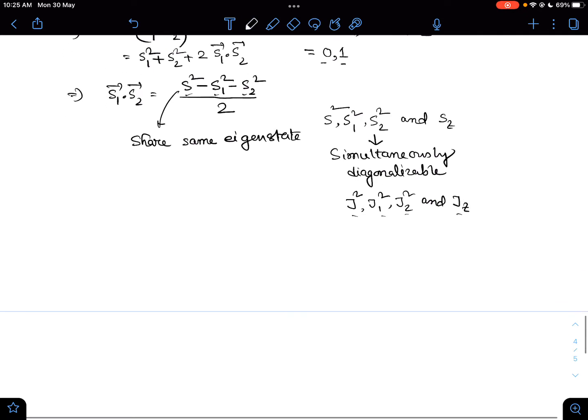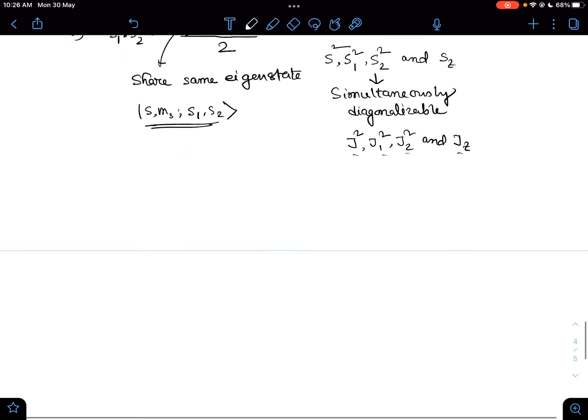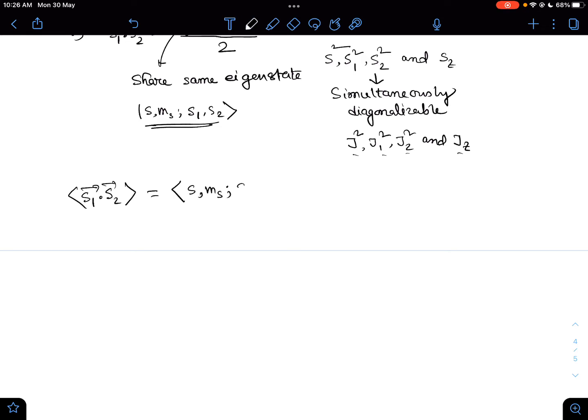Let us assume the state to be |S, Ms, S1, S2⟩. In this basis S squared, S1 squared and S2 squared are diagonal, so if we find the expectation value of S1 dot S2 in this basis, our problem will be easier.